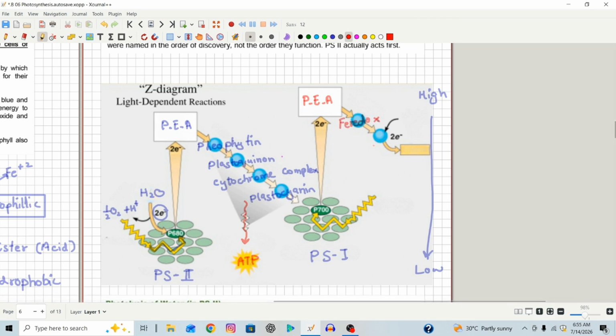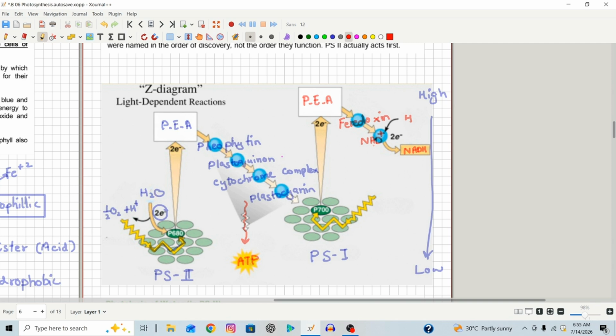So now the electron acceptor is ferredoxin. After ferredoxin, the electrons will go to NADP positive. With hydrogen ions and electrons, the NADP positive will be converted into NADPH.